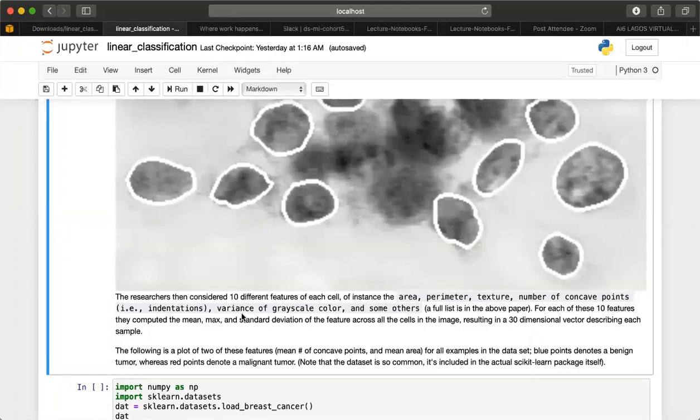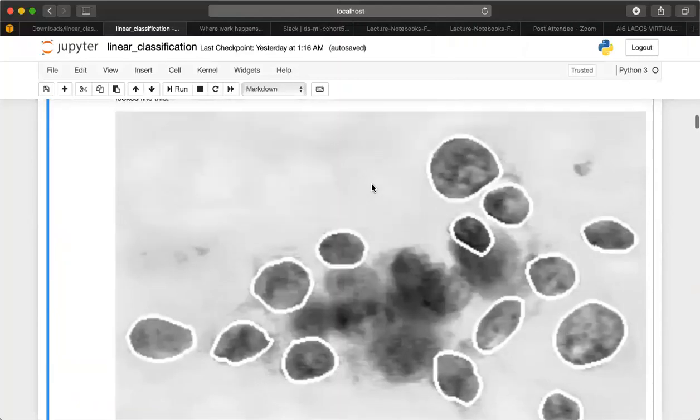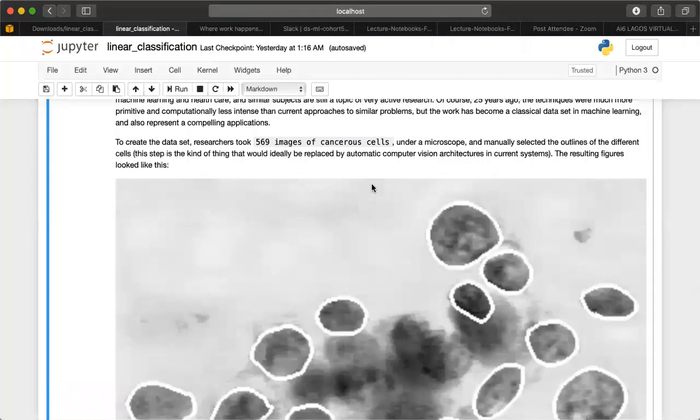Well, at that time, it actually worked, but today you might not see such. What you might see is probably a computer vision algorithm, maybe a CNN, used to predict instead of explicitly looking for the different features of the cells. But we won't go into computer vision, of course. We'll just stick with what we have.